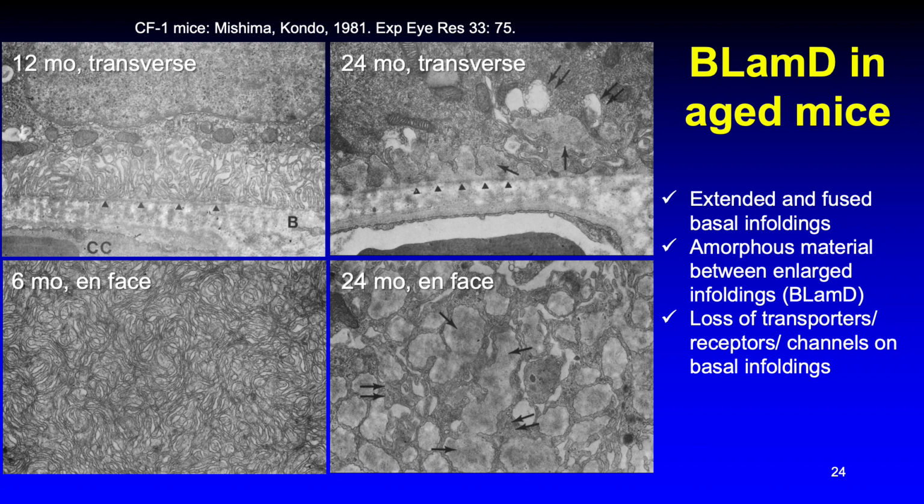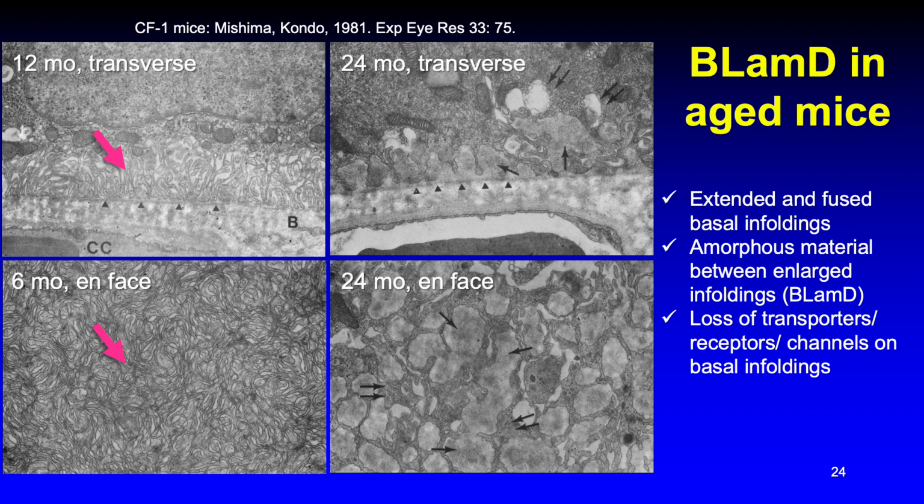BLamD also appears in aged mice. Here is a transverse section of basal RPE showing the basal infoldings in animals up to midlife. These are especially apparent in the transverse plane below.